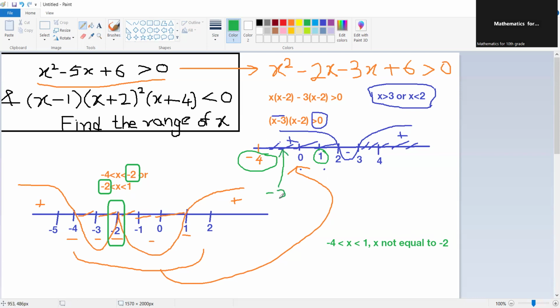So -2 is not included. So the solution is -4 to 1. So x ranges from -4 to 1, excluding -4 and excluding 1, where x is not equal to -2. That's the solution, because we have to search the range which is common to both of them. Thank you. That's the answer.